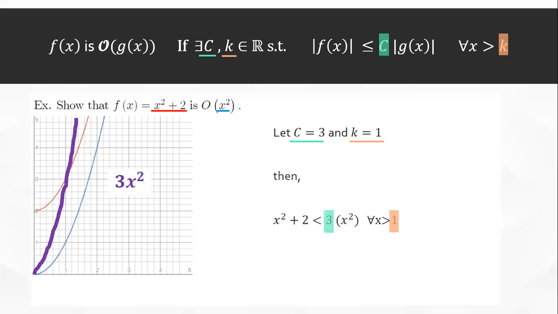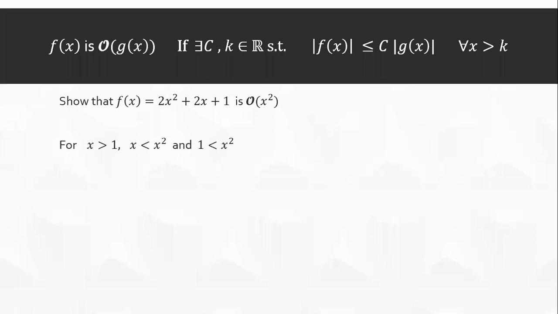Then I've claimed that I'm showing that if you take 3 times x squared, as long as you're past 1, as long as your input is greater than 1, that 3x squared will be greater than x squared plus 2. Therefore, I can conclude that it is on the order x squared, or big O x squared, excuse me.